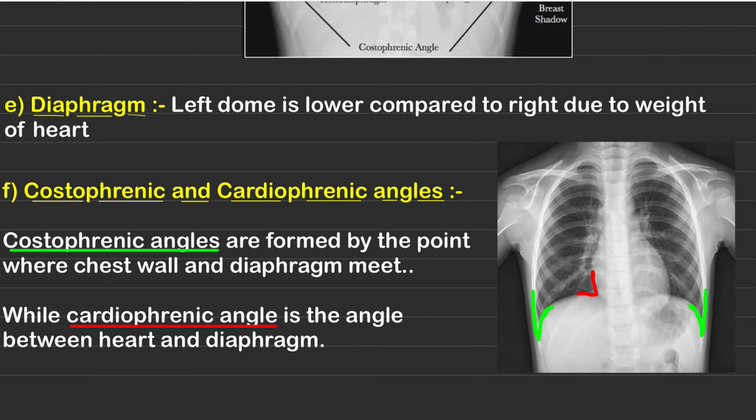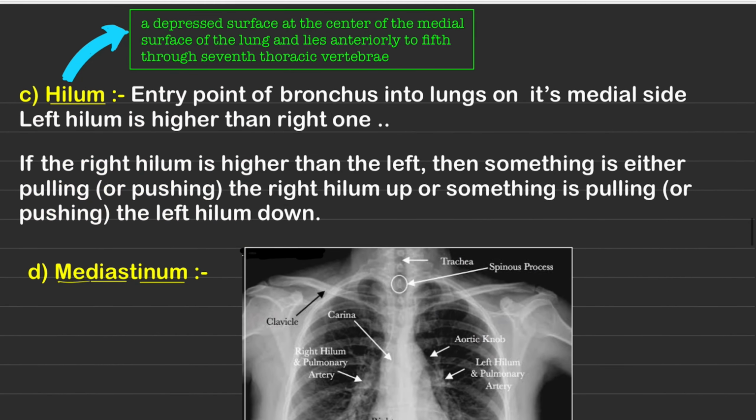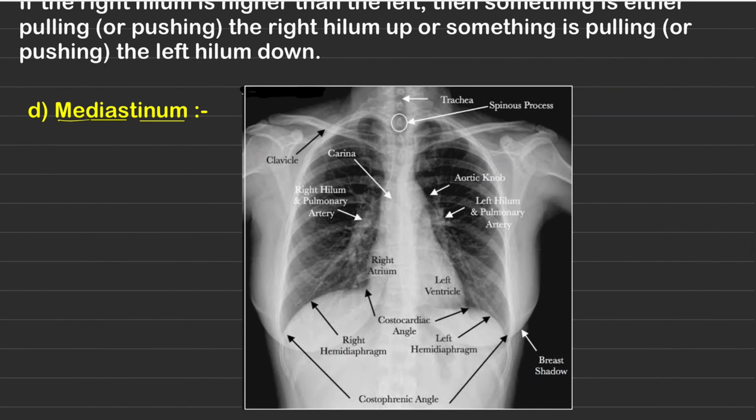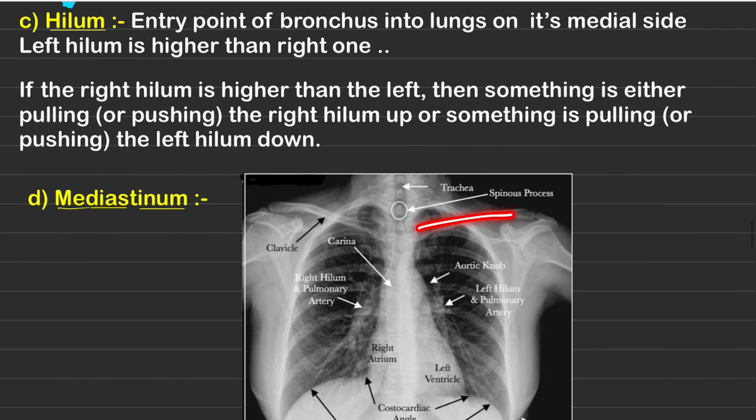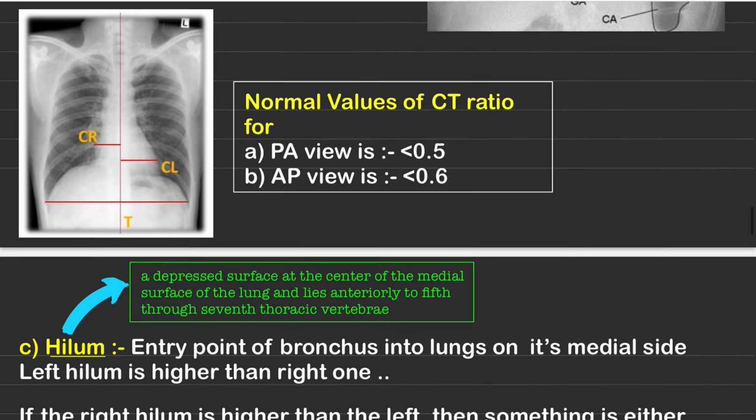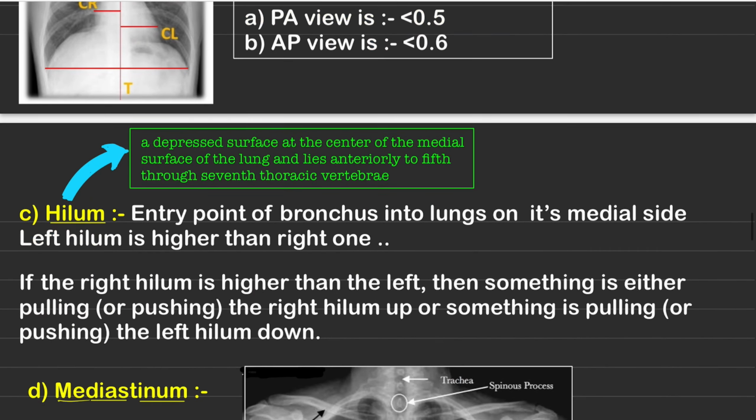So in order to interpret any chest X-ray, you just need to see these simple things. First of all, you will check whether the trachea is tilted or not, whether it is straight or not. Then we will look for any bone deformity, whether the bones are broken or they are okay. Then we'll look at the hilum, whether the right hilum is at a higher position than the left or not.